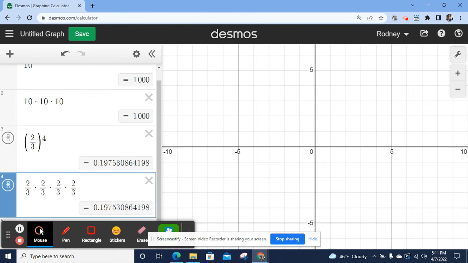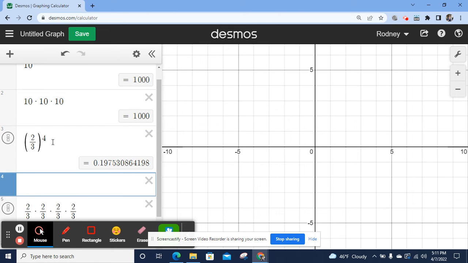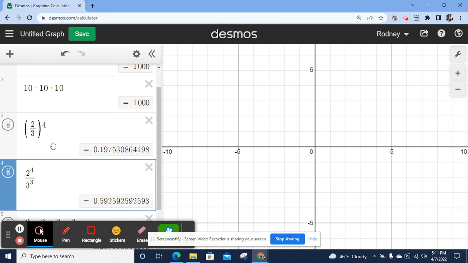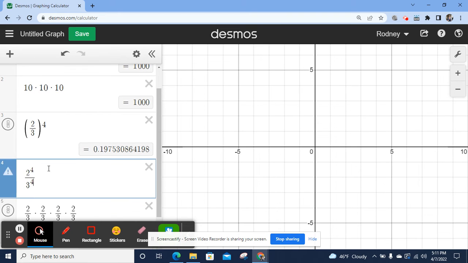Notice that it's 2 times 2 times 2 times 2 here, and 3 times 3 times 3 times 3. So this 2/3 to the fourth power could also be written as 2 to the fourth over 3 to the fourth. And I get the same decimal.